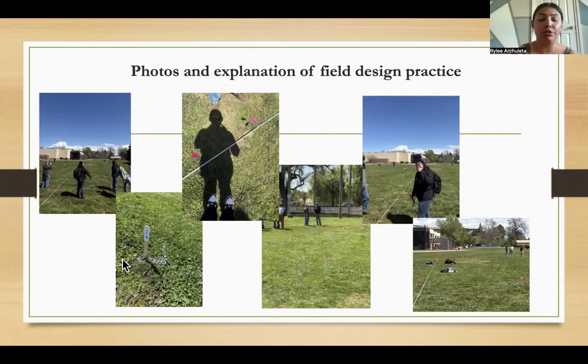Right here, we started to mark each plot. Right here, you can't really see, but we're measuring to get a precise distance to make sure that each treatment was 20 feet long. Right here, you can see from right here to right here, that is 20 feet.